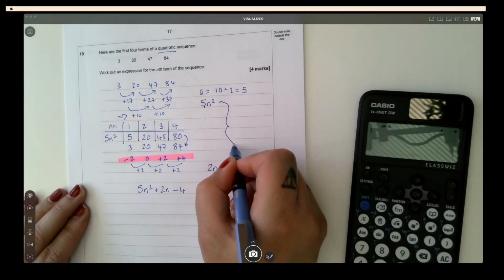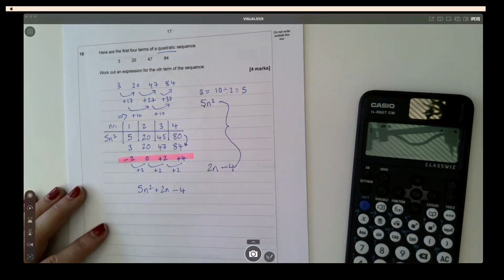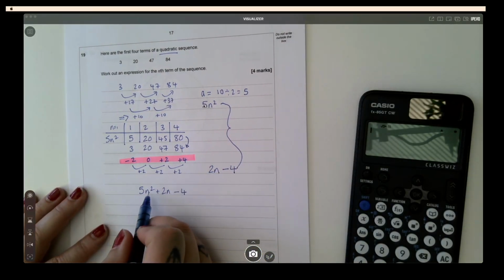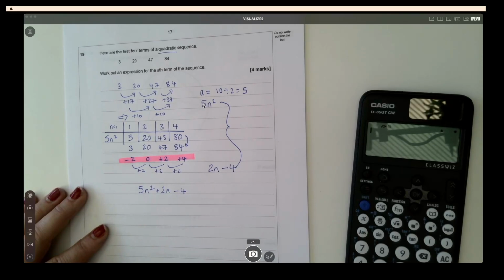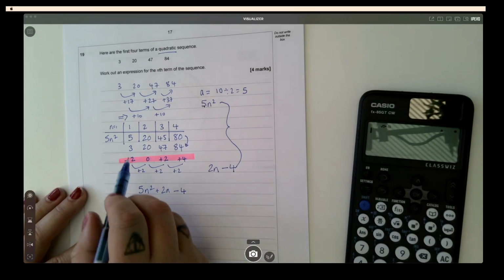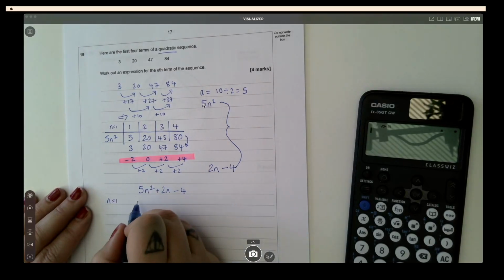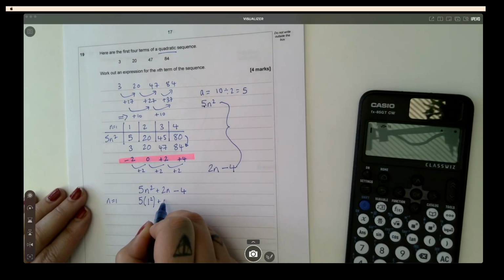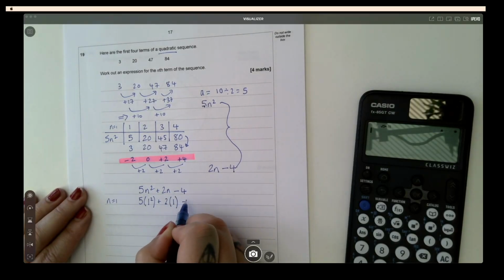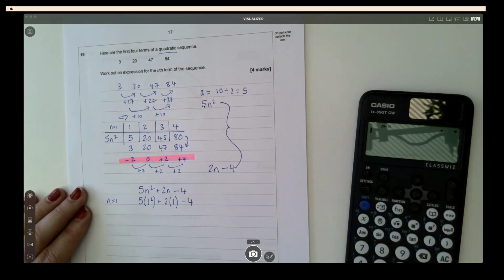So both parts of this go together. Let's just double check though, before we stick that on our answer line. For the first term, it's 3. So when n equals 1, that first term, that's what we're going to work out here. And what we're expecting is an answer of 3 if our nth term is correct.